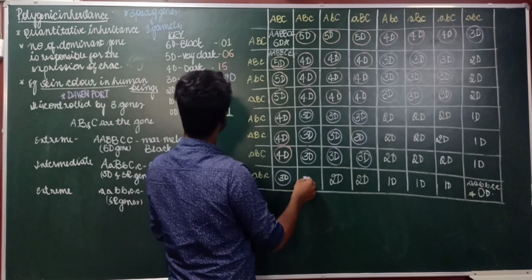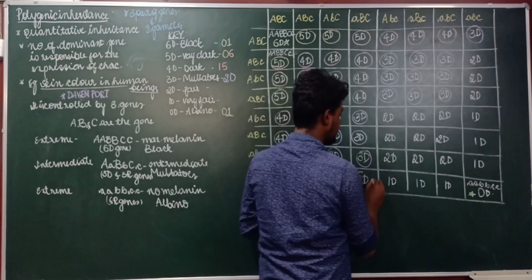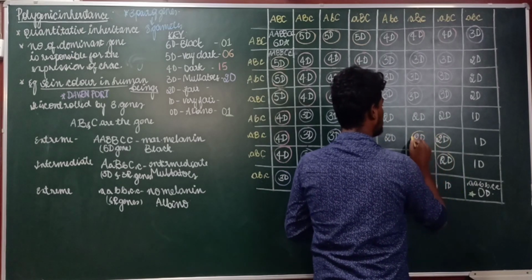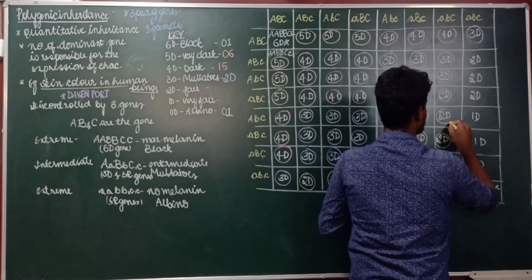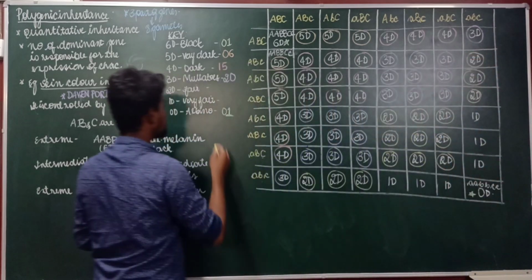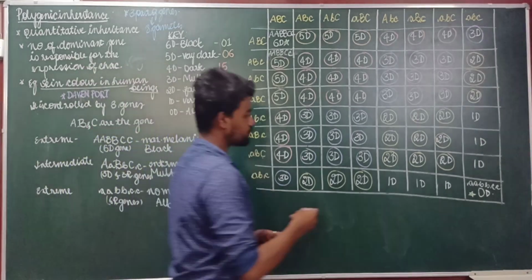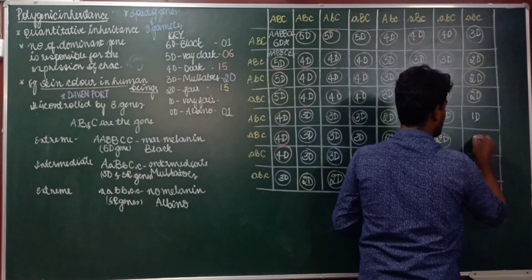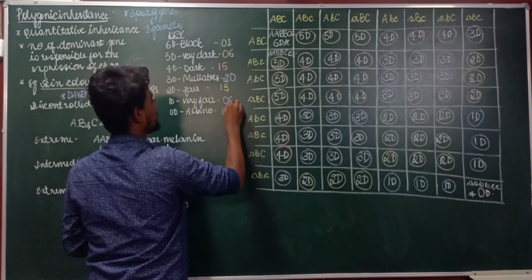We'll start from here. Let me use yellow only. 1, 2, 3, 4, 5, 6, 7, 8, 9, 10, 11, 12, 13, 14 and 15. As you can see, the ratio is repeating, and 1 dominant gene we have to count. 1, 2, 3, 4, 5 and 6 1 dominant genes are there. Yes, I hope it is clear now.